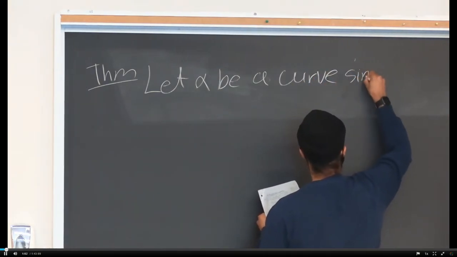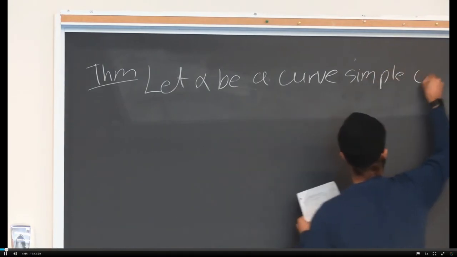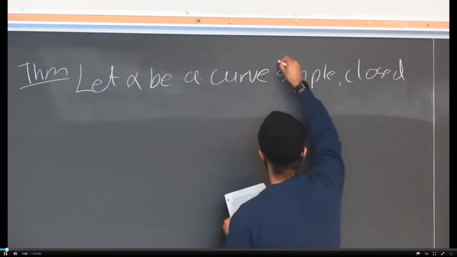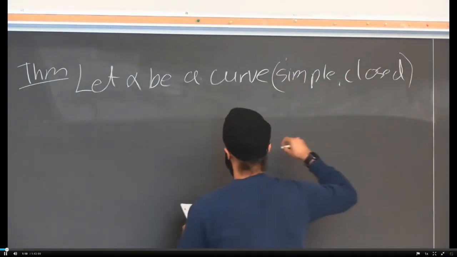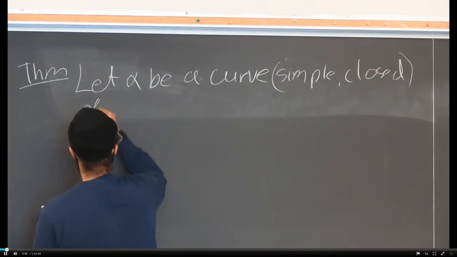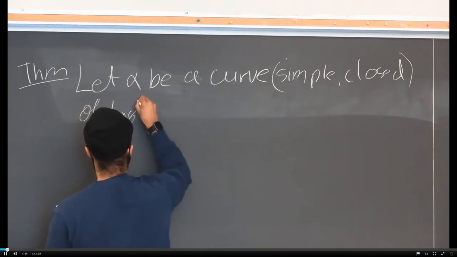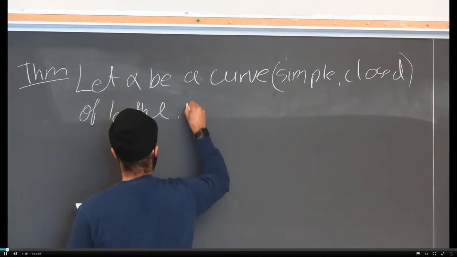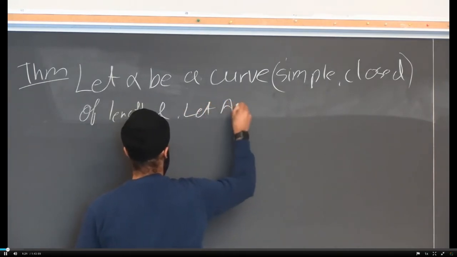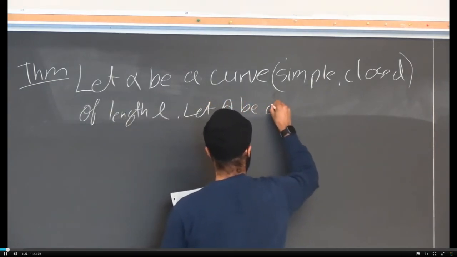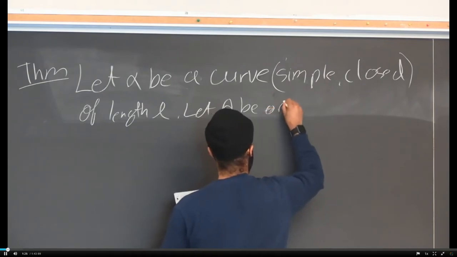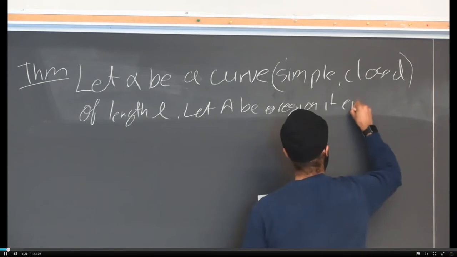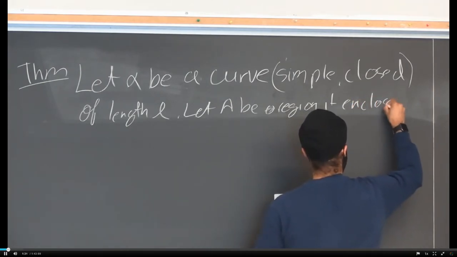So it doesn't intersect itself, and it loops back to itself. So it's a closed curve of length L, and let A be the area that it encloses, or the region it encloses.